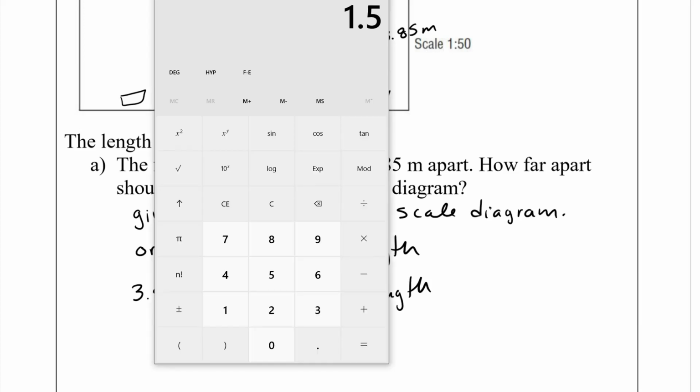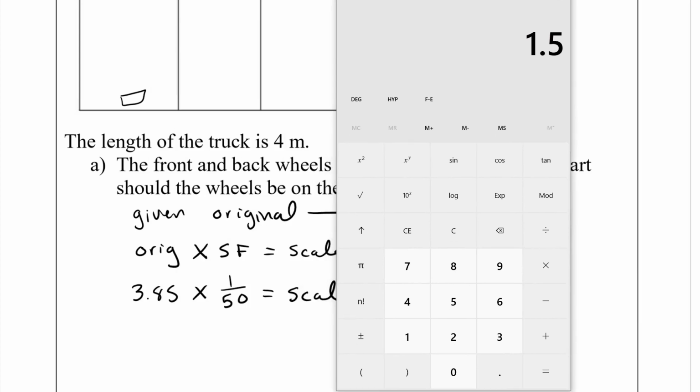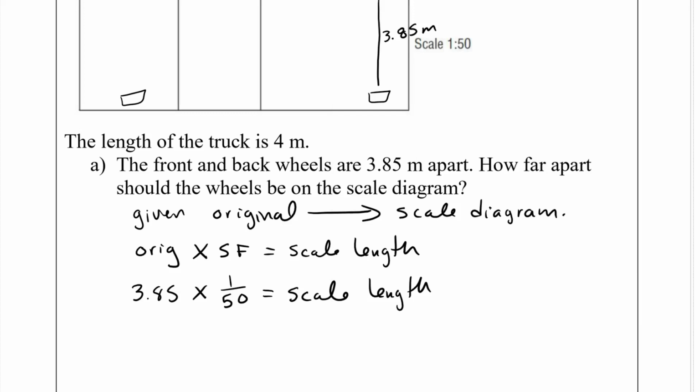So I'm going to get my calculator here, and I'm going to say, okay, so 3.85 times 1 divided by 50, or I can just divide the whole thing by 50, and it's going to be 0.077. So it's going to be 0.077 meters is the scale length.